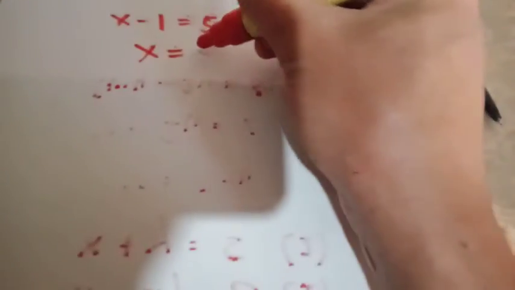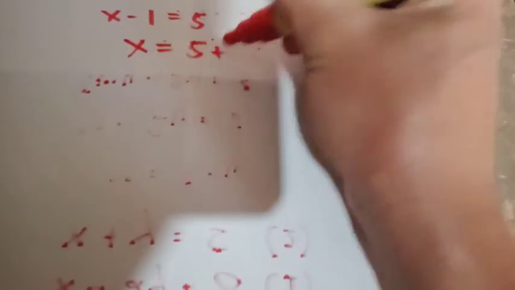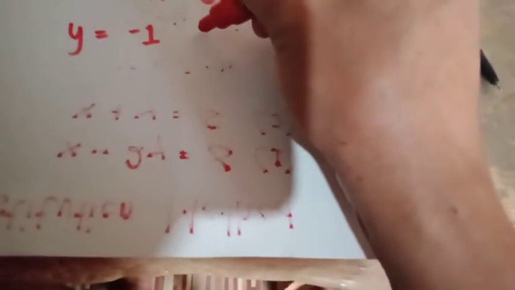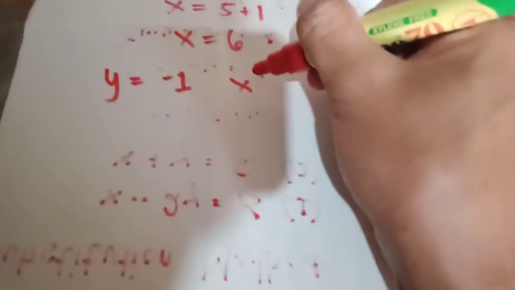So we have x equals 5 plus 1, and our final answer is x equals 6. So our value of y is negative 1, and our x is equal to 6.